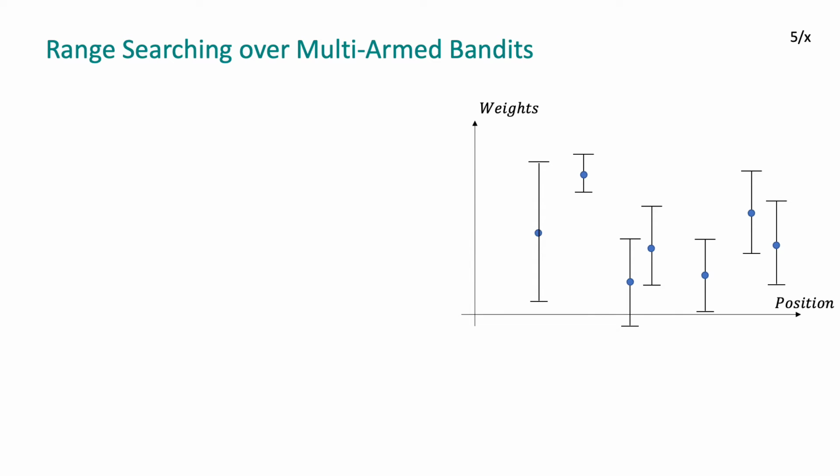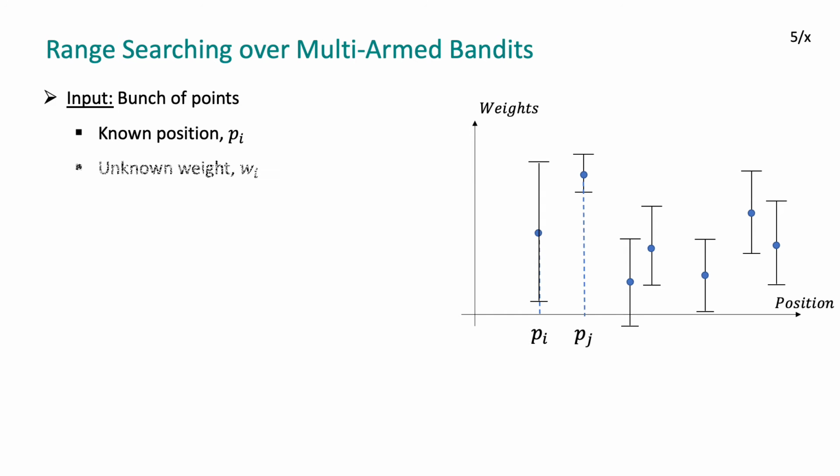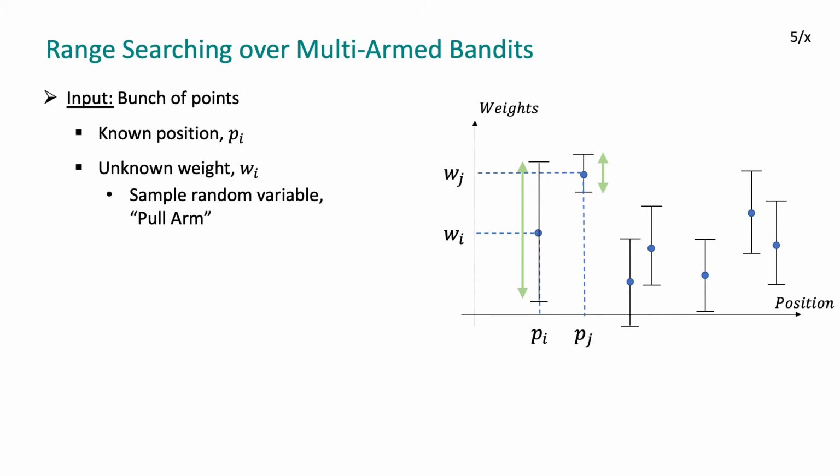Let us mildly formalize our setting. We are given a bunch of points. For each point i, its position p_i on the x-axis is known, whereas its weight w_i on the y-axis is not known upfront. Each point's weight is governed by an unknown random variable behind the scene. The only way to learn the weight w_i is by sampling its random variable, that is, to pull that arm to get an estimate of the true weight w_i. So, in our setting, all you can gather is a high probability confidence interval for the weights.